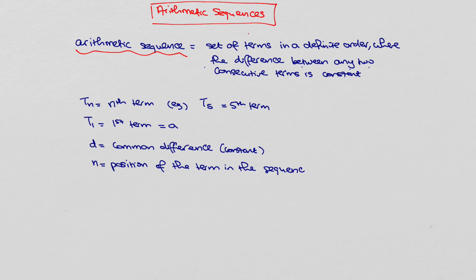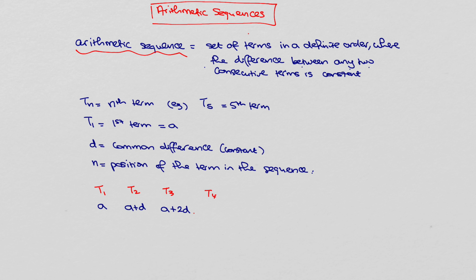So as we saw there, if n is 5, then that's the 5th term. If n is 6, that's the 6th term. So in general, if we were looking at the first term, we would say it is a. If we were looking at the second term, it would be a plus the common difference. If we were looking at term 3, it would be a plus d plus d, in other words, a plus 2d.